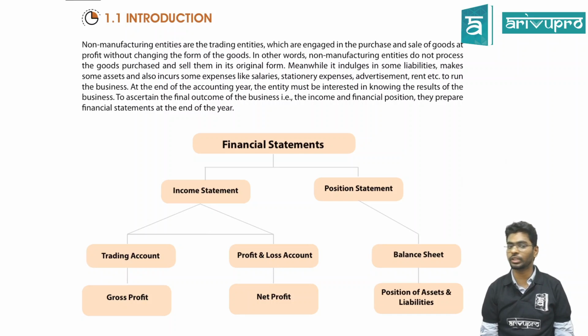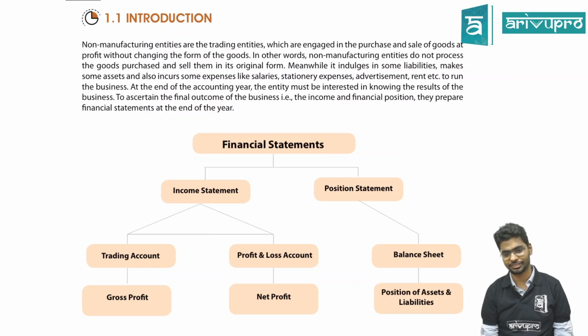We are trying to deal with a non-manufacturing entity. When I say a non-manufacturing entity, I'm talking about a trading concern, which is primarily involved with what? Buying and selling of goods. Are you clear? The service industry also falls into the same category, but for your foundation, we are only dealing with buying and selling of goods right now.